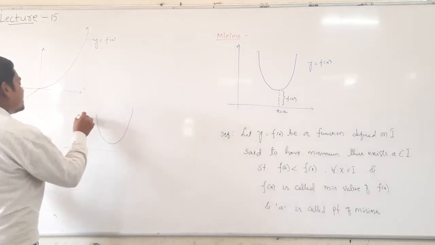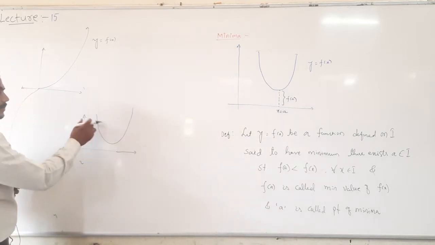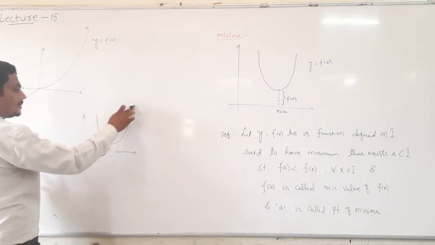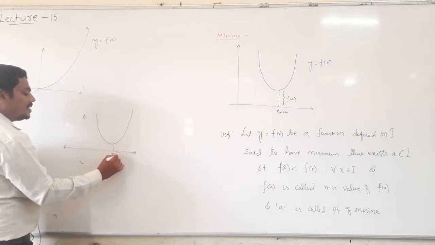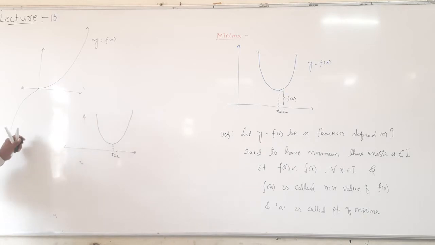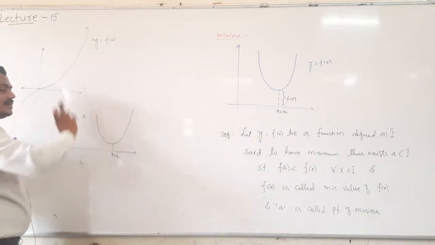Suppose this graph is extended up to plus infinity. For this function, no particular interval is given. Then it attains a minimum value, but there is no maximum, because we can extend this function up to plus infinity.